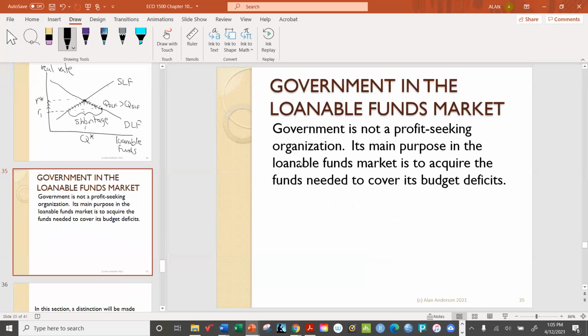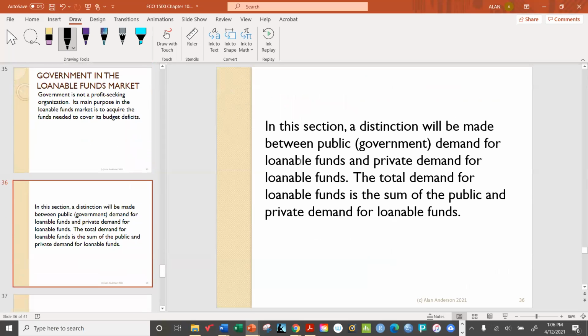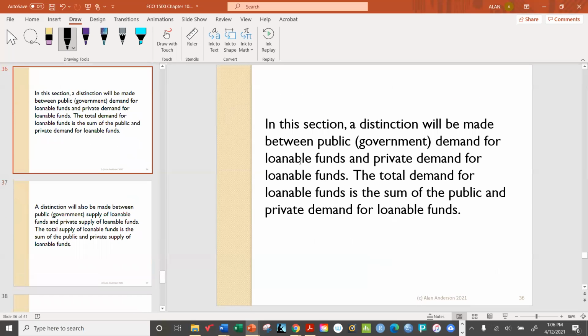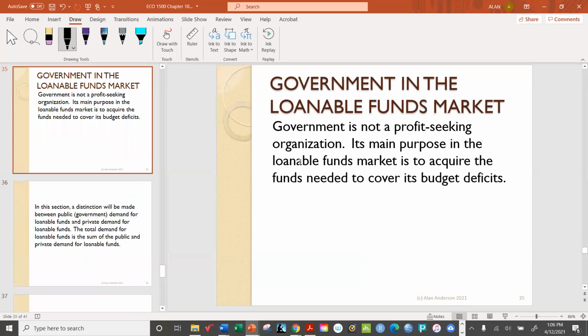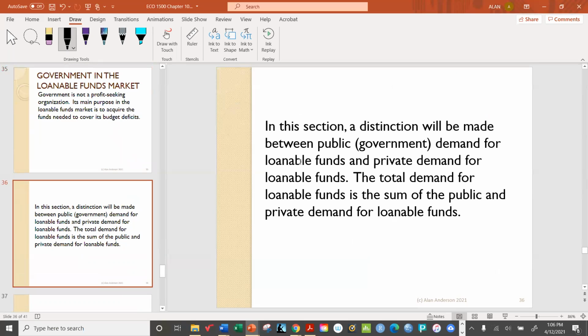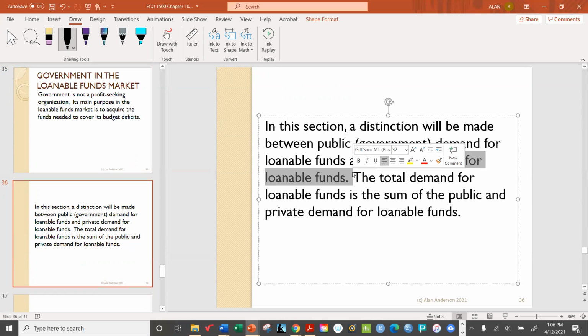So what do I mean by that? They're going to claim that altogether, the demand for loanable funds can be broken up into two components: the public demand for loanable funds, which is the demand for the government to cover its deficits, and then the private demand for loanable funds, which is basically businesses, but also consumers.